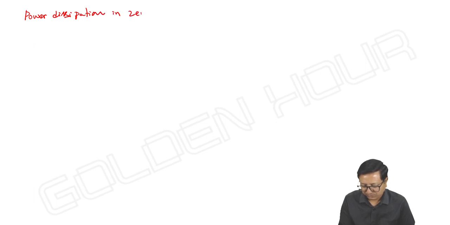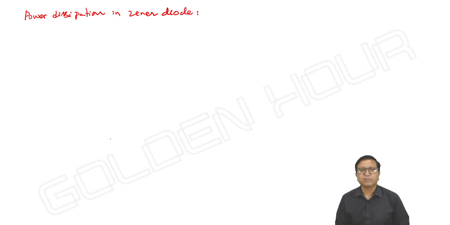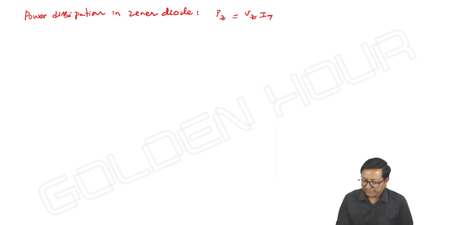If you calculate the power dissipation in the Zener diode, it is given by Pz is equal to Vz into I. If the input is increasing, then what about Iz?